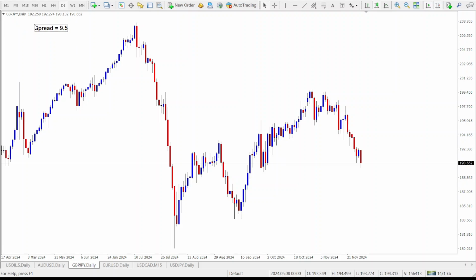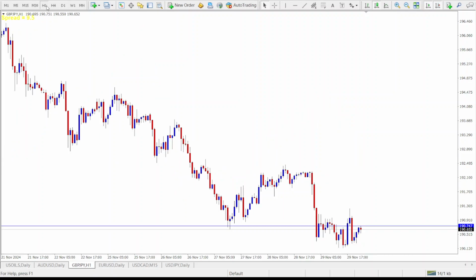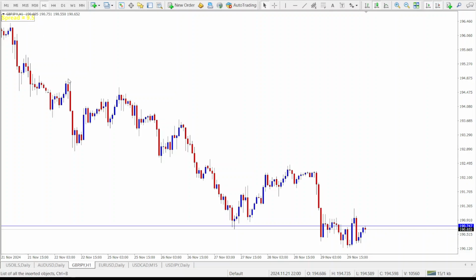The indicator is going to be beneficial for those who like to analyze spread changes across brokers, because this indicator is not for the purpose of technical analysis per se. If you like to measure the magnitude of spreads in real time, then this indicator can be beneficial for you.